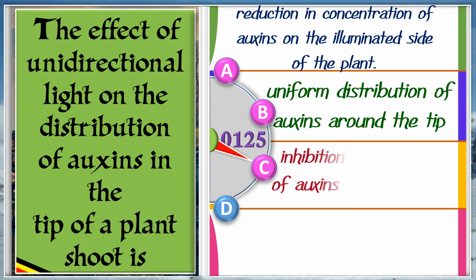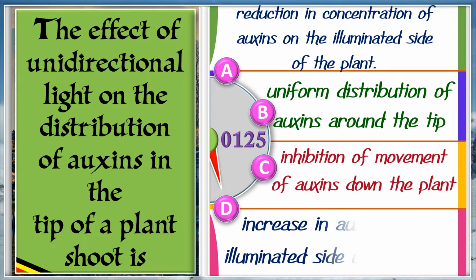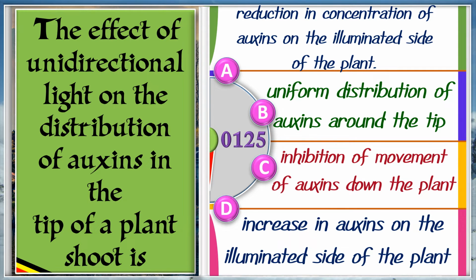C. Inhibition of movement of auxins down the plant. D. Increase in auxins on the illuminated side of the plant. And the answer is D. Increase in auxins on the illuminated side of the plant.